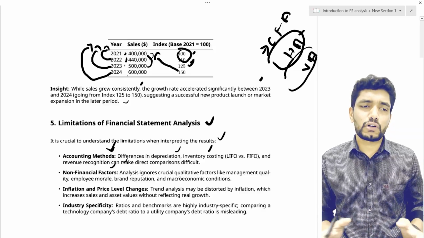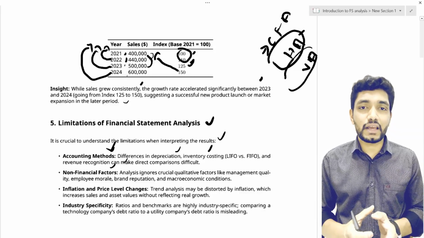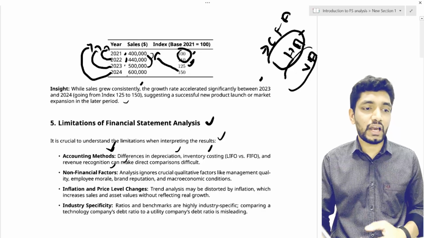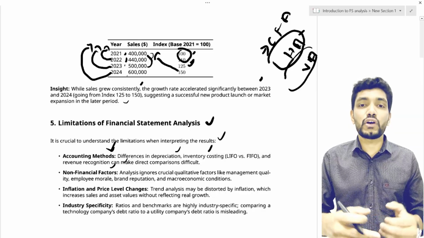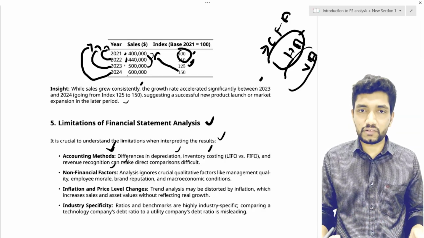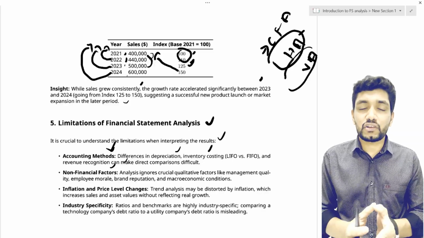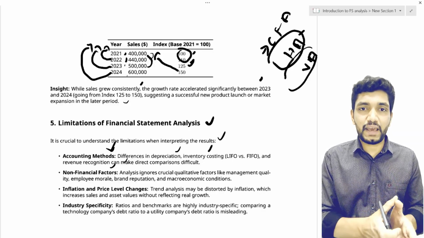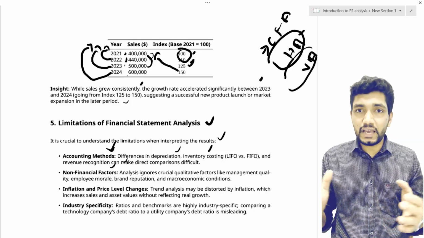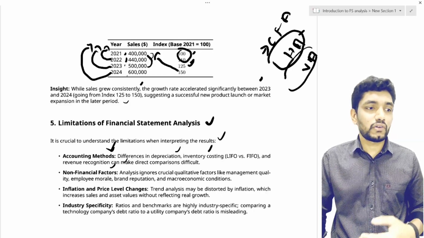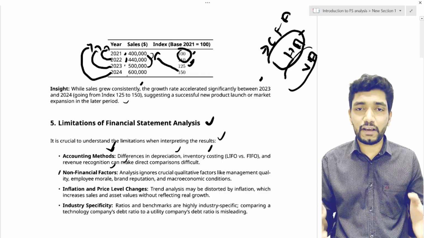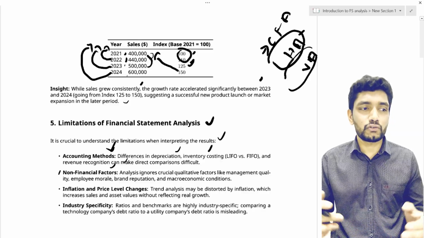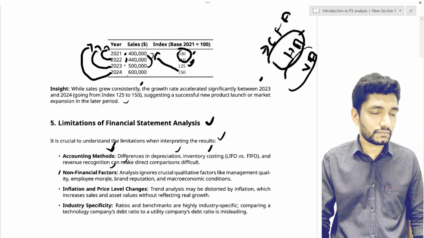There are a lot of non-financial factors like management quality, employee morale, brand reputation, and macroeconomic conditions, which are going to affect a company's future performance. In financial statement analysis, we are completely ignoring these factors, so this is a limitation of financial statement analysis.